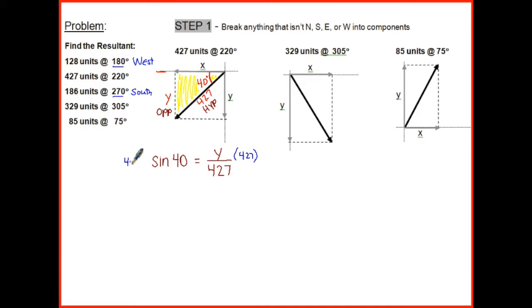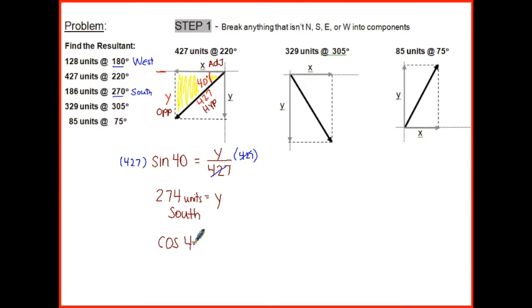I'll just multiply both sides by 427. I'm going to round to 3 sig figs. I get that y is 274 units. That's the magnitude. That's how long it is. And then I just look at my picture. Y is pointing down, so it's south. X is the adjacent side.